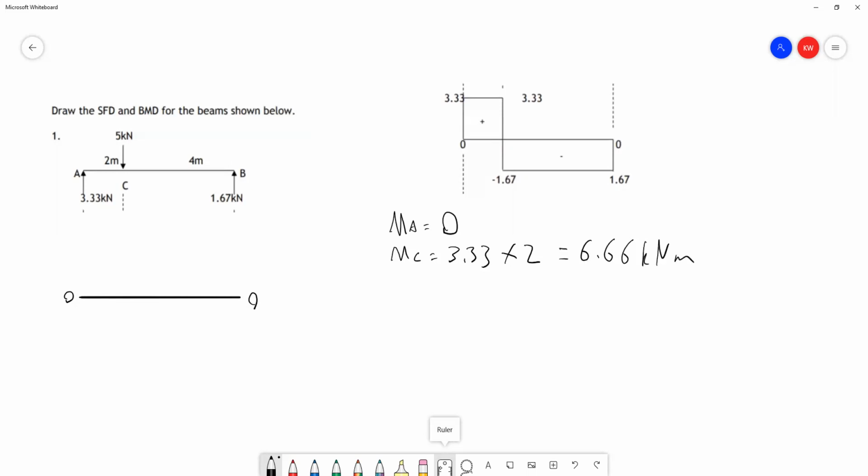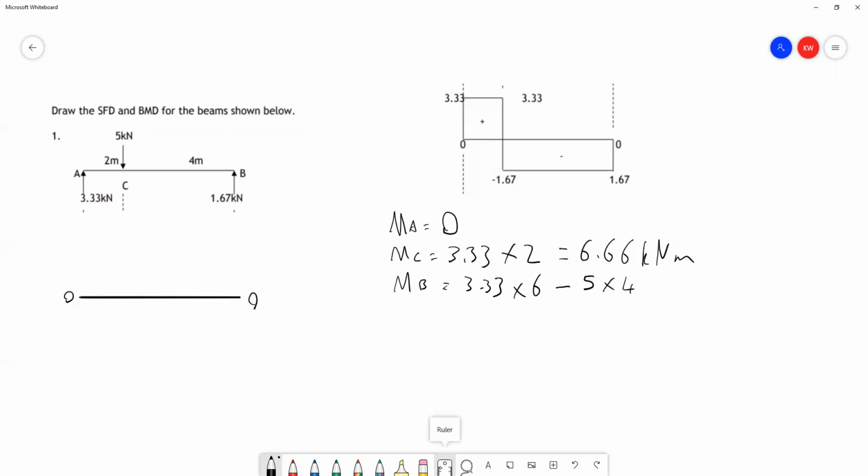And at point B, the other end of the beam, we have 3.33 from the force applied at A, and that's now 6 meters from B, subtracted from the downward and therefore anti-clockwise moment at C of 5 kilonewtons multiplied by 4.